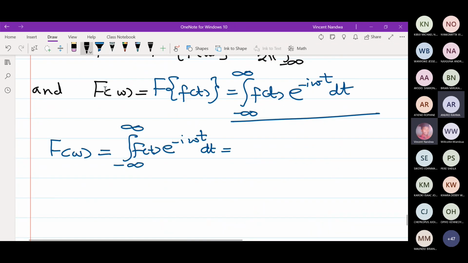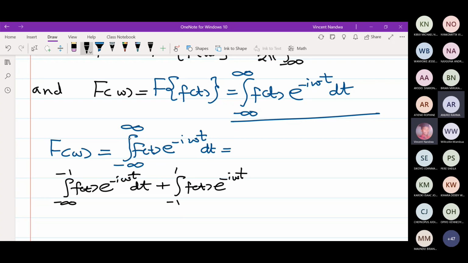Instead of carrying out all this integration, it's as good as saying integral from minus infinity to minus 1 of f of t e raised power minus I omega t dt, plus from minus 1 to 1 of f of t e raised power minus I omega t dt, plus from 1 to infinity of f of t e raised power minus I omega t dt. That's from calculus.